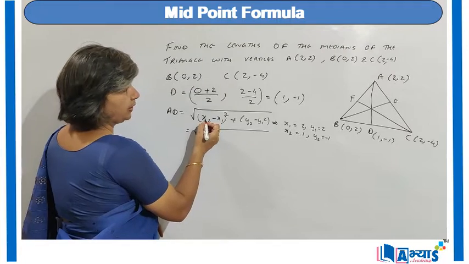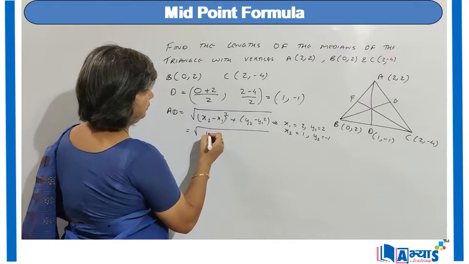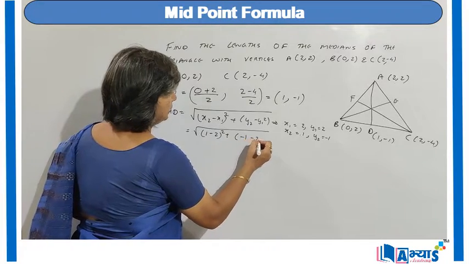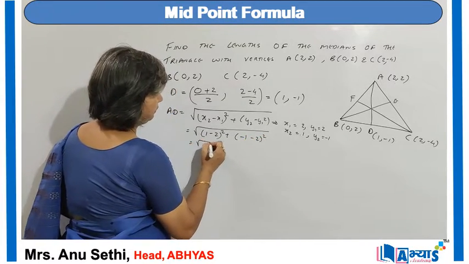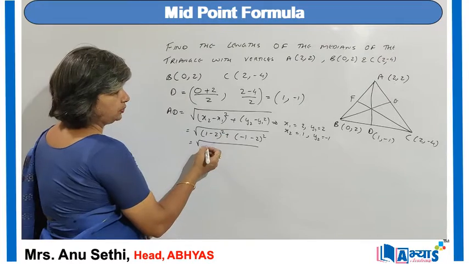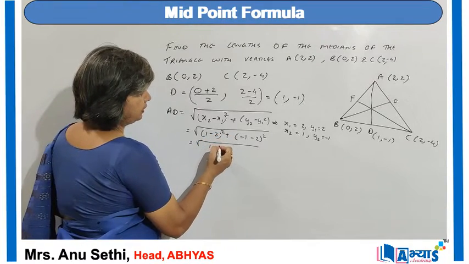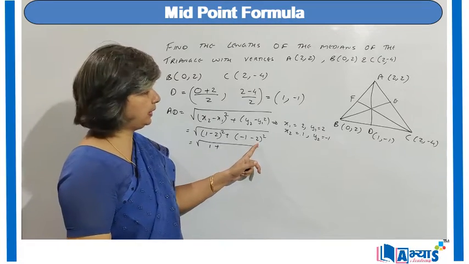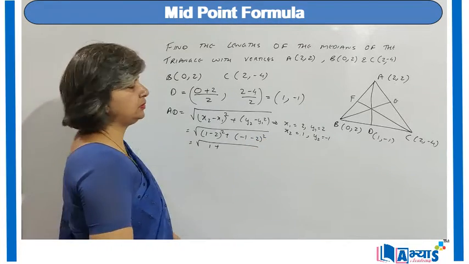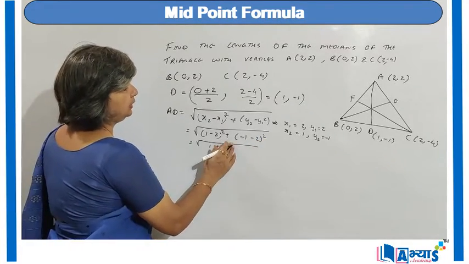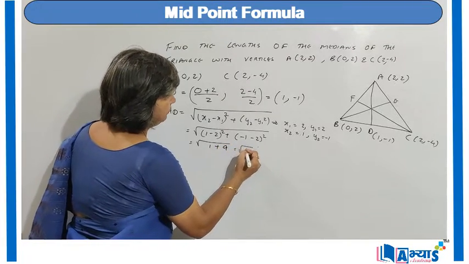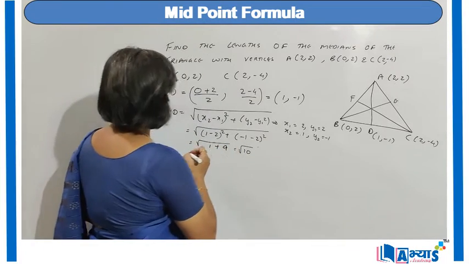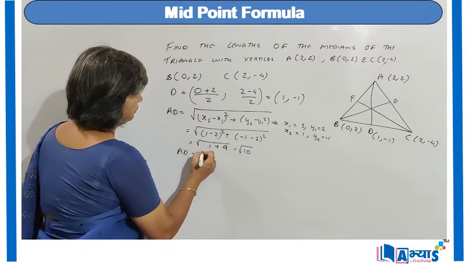It will be root of 1 minus 2 whole square plus minus 1 minus 2 whole square. So 1 minus 2 is minus 1, whose square is 1, plus minus 1 minus 2 is minus 3 and the square of minus 3 will be 9. So it is 1 plus 9 and we will get under root of 10. So the length of AD is equal to root 10.